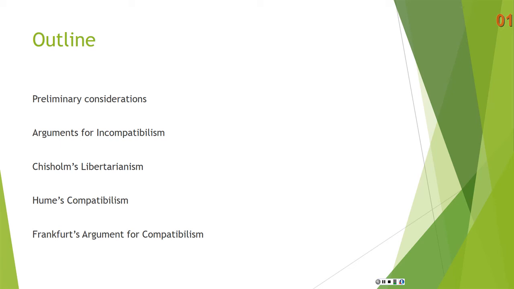We'll look at Chisholm's libertarian view, his view that we're free in some robust sense. Hume's compatibilism. Compatibilism is a claim about the relationship between free will and determinism, and we'll lay that out in a future lecture. And then finally, Harry Frankfurt's argument for compatibilism.